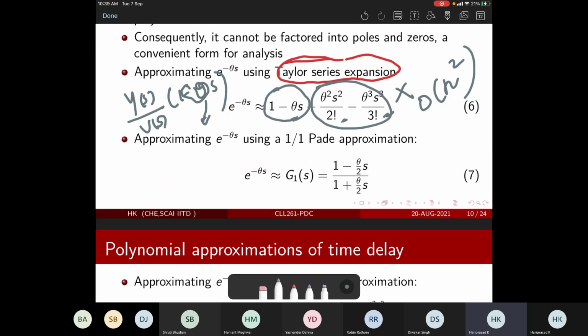Which means that when you approximate, what you are inviting is something more. One complicated problem is transferred into another complicated problem. You are inviting an inverse response.